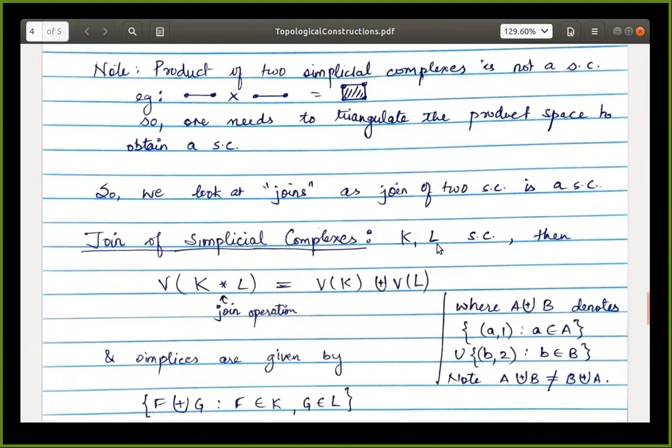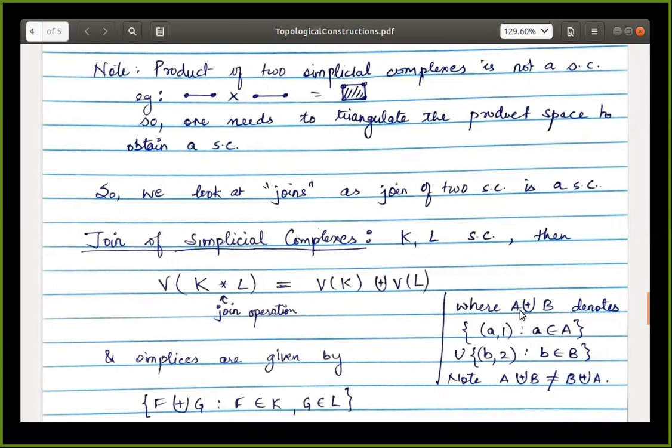If K and L are two simplicial complexes, then the vertex set of K star L, where this asterisk denotes the join operation, is the vertex set of K taken with an ordered disjoint union along with the vertex set of L. What does the ordered disjoint union mean? It means that you make a note of which element comes first and which one comes later.